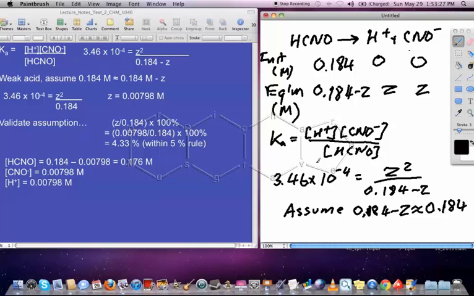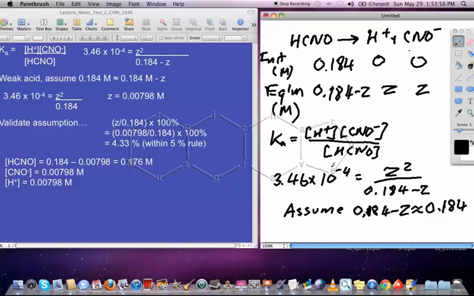In a previous mini lecture I discussed the relevance of Ka and its relationship to concentration of H+ and the strength of an acid. And one of the things I talked about was a dividing line between strong and weak acids when you look at the Ka. You could say that if the Ka is less than about 10 to the negative 4, then you can try and make the assumption that it is a weak acid.